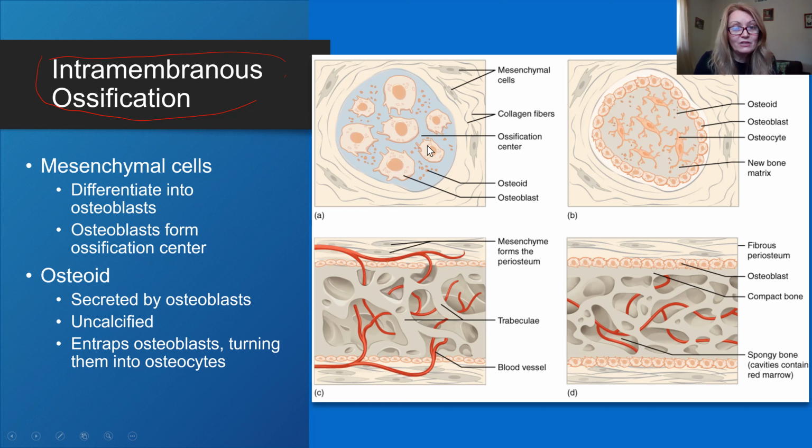Now, when we have osteoblasts, you know what osteoblasts do? They start secreting matrix, osteoid, right? And this osteoid surrounds the osteoblast, and the osteoblast becomes an osteocyte, right? Next, what happens? At the same time, you have development of blood vessels, angiogenesis.